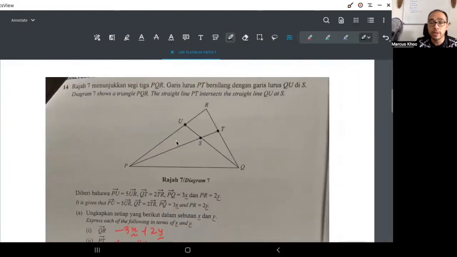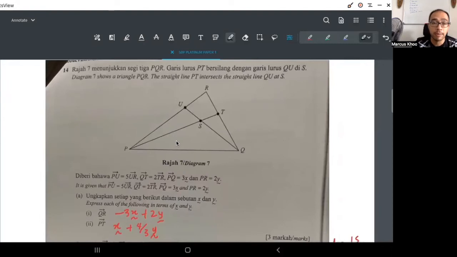Okay, question number 14 and the last one, number 15. These are probably the 2 slightly more challenging questions in this paper. Okay, so diagram 7 shows a triangle PQR. The straight line PT intersects the straight line QU at S. You're given that PU equals 5UR. If I bring the UR down, PU is 5 and UR is 1.